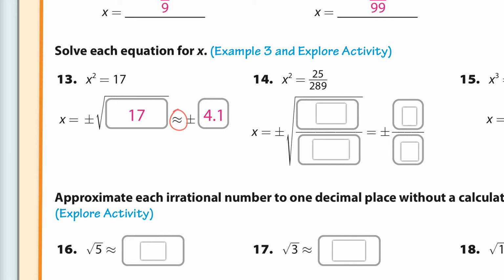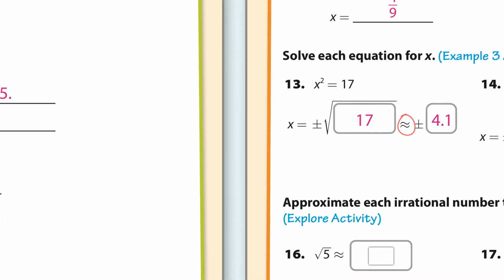And just to tell you, how did I know it'd be 4.1? Well, let me show you something else. If I have something like the square root of 26, I don't know what that is, but I know what the square root of 25 is. The square root of 25 is 5, because 5 times 5 is 25. So the square root of 26 must be a little bit more than 5. Maybe that's 5.1 or something like that.